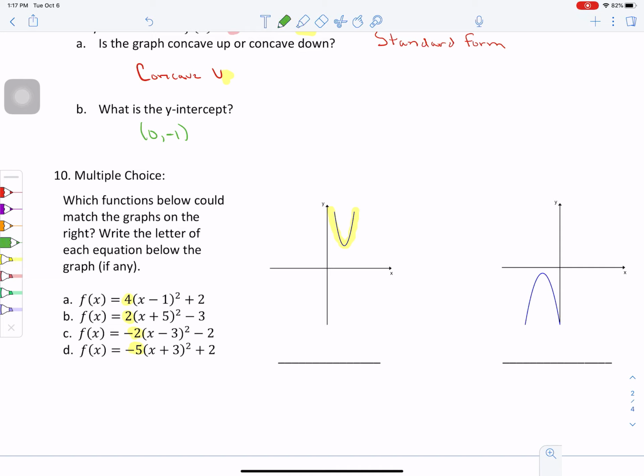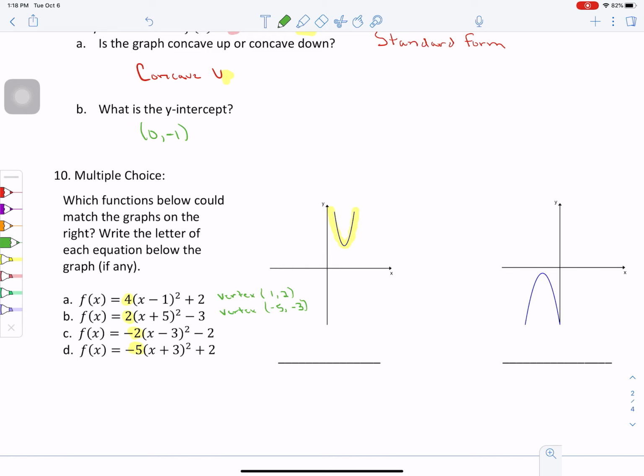If we look at letter A, this is vertex form. In this case, the vertex would be +1, +2. And for letter B, the vertex would be a -5 and a -3.